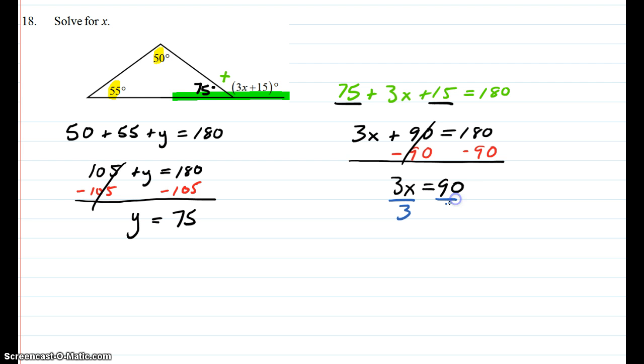Divide both sides by 3, and x equals 30. So just double check. The directions say solve for x. So now that we found what x is, x equals 30.